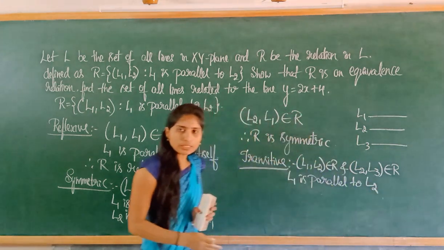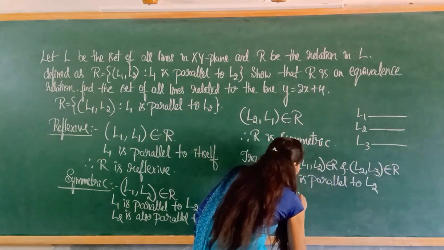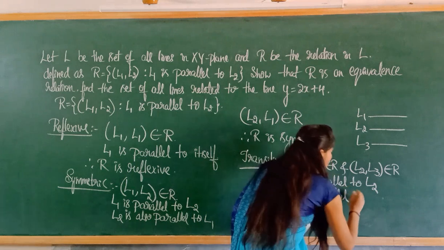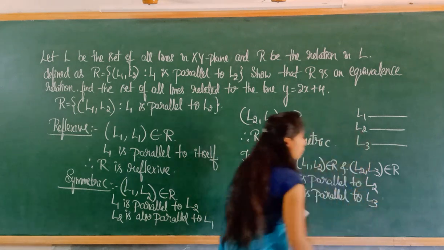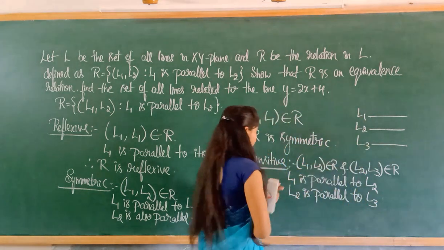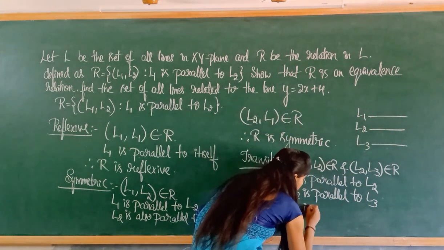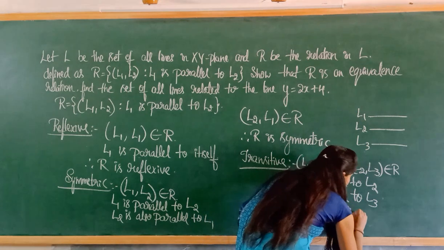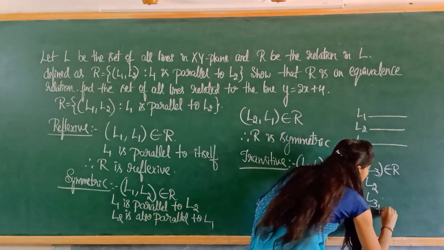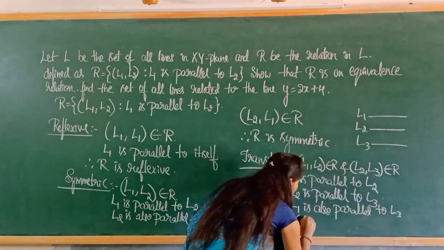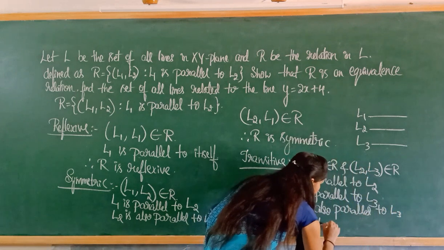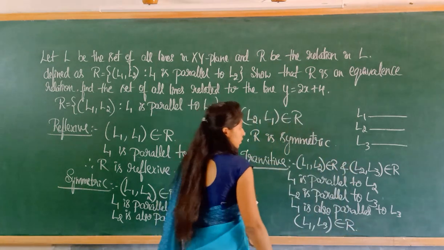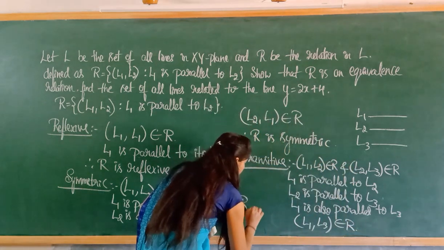Then L2 is parallel to L3, then of course L1 is parallel to L3 line. Therefore (L1, L3) belongs to R. R is what? Transitive. Therefore R is transitive.